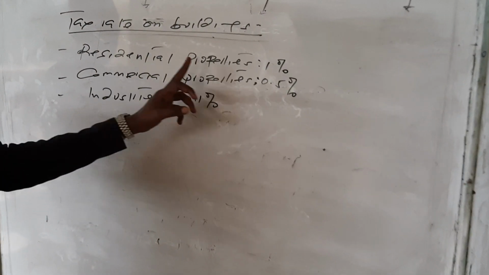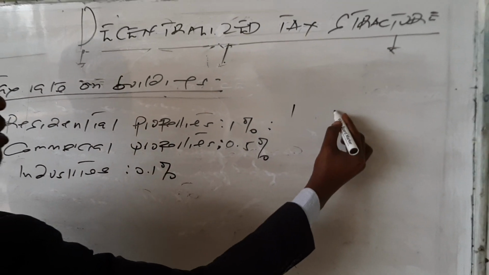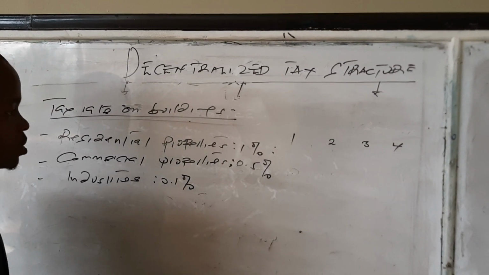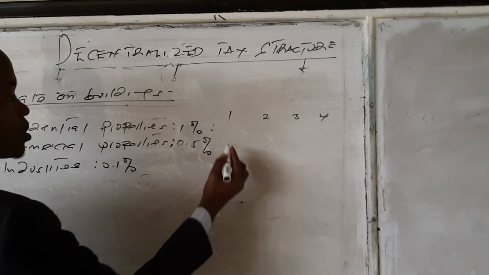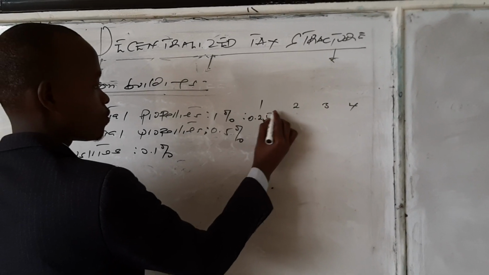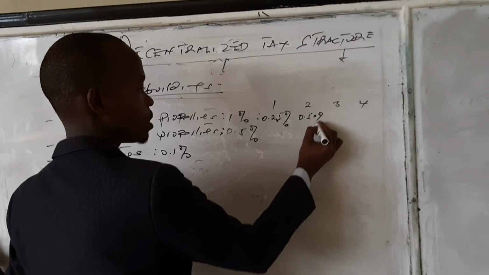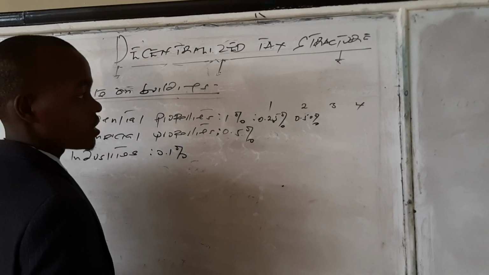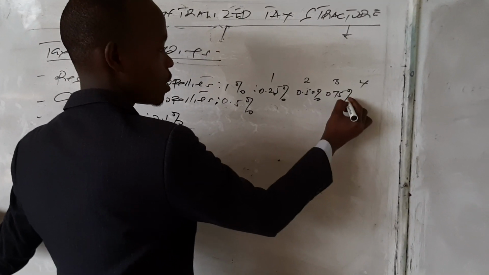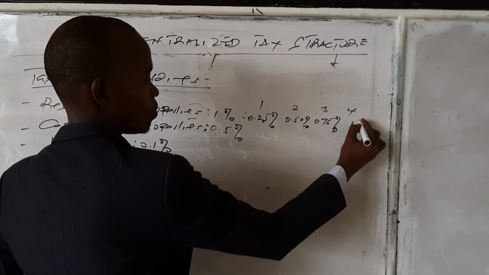On the residential house, for the first year, second year, third year, and fourth year, this 1% is paid progressively in this way: 0.25% in the first year, 0.50% in the second year, 0.75% in the third year, and in the last year they pay 1%.